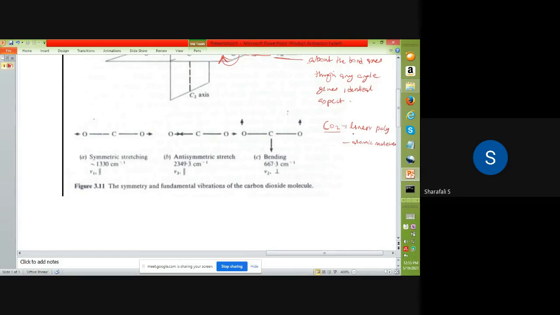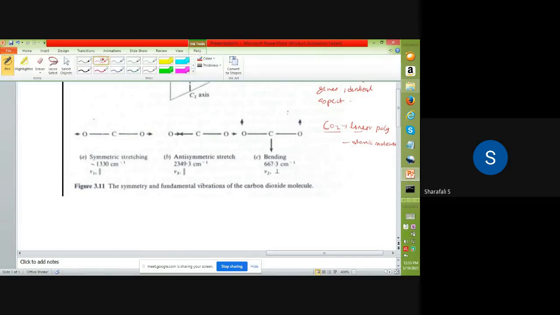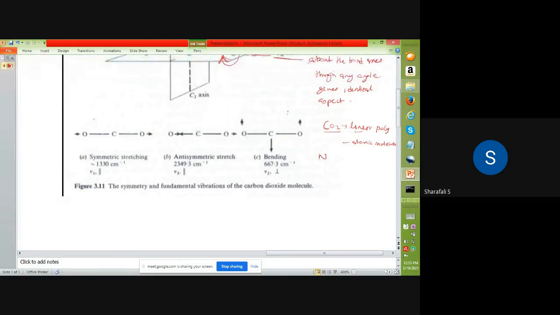So we have to consider the equation for the total degrees of freedom, or we can say the number of fundamental modes of vibration. That will be equal to 3n minus 5 for the linear case. So we have n equal to 3, so that is 9 minus 5 equal to 4. So we will be having 4 modes of vibration.